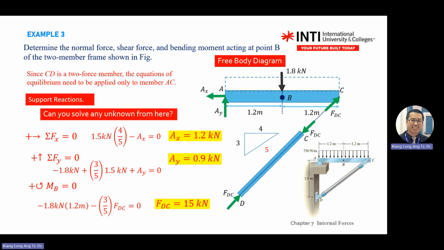This one, there's a distance. Moments about A, the reference point is actually A. This one, it should multiply 1.2. If you took B, you look at FDC, it should be 1.2. Oh, it should be A point, not B. Okay, this one should be A point.